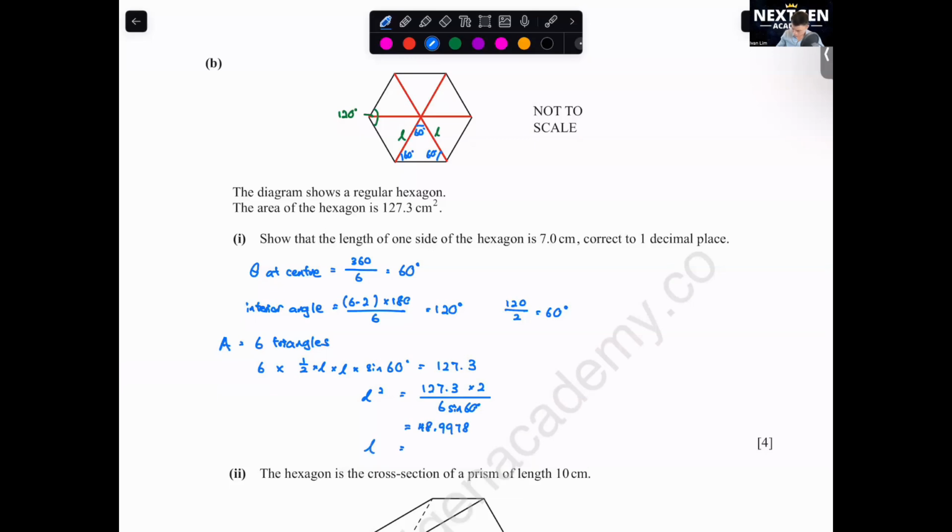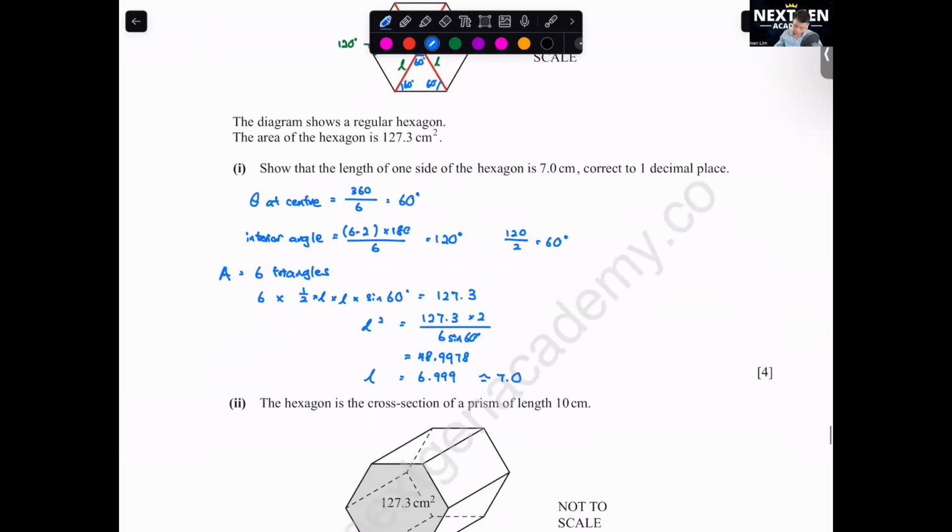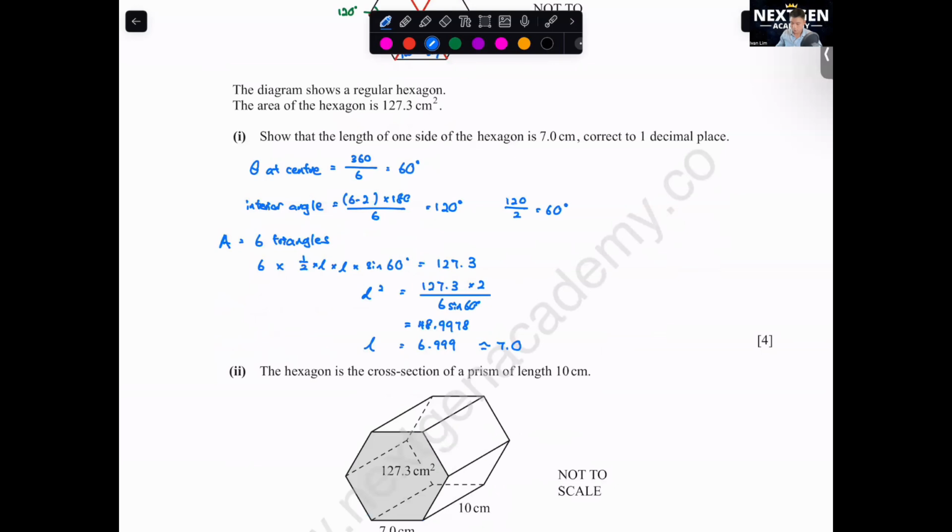L will be equal to 6.999. You round up to 7.0. A regular hexagon will actually always form 6 equilateral triangles. 6 equilateral triangles will form a hexagon itself.